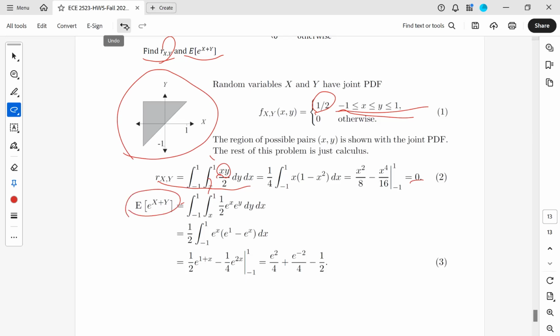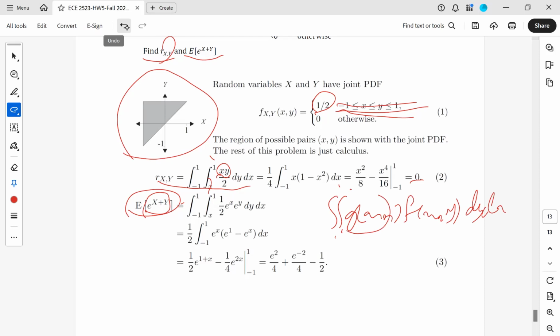For the expected value of e to the power of x plus y, again, we deal with that part as a g, as a function. We are calculating the expected value for the function g of x and y, knowing the PDF of x and y. So it's going to be the double integral of g of x and y times f of x and y, dy dx over the upper limit and lower limit based on the condition.